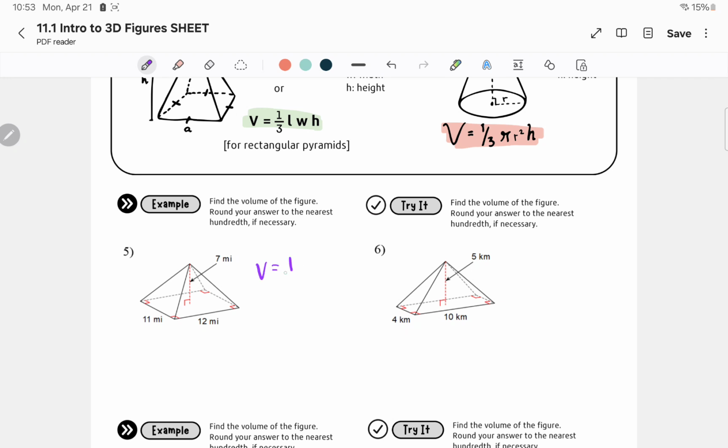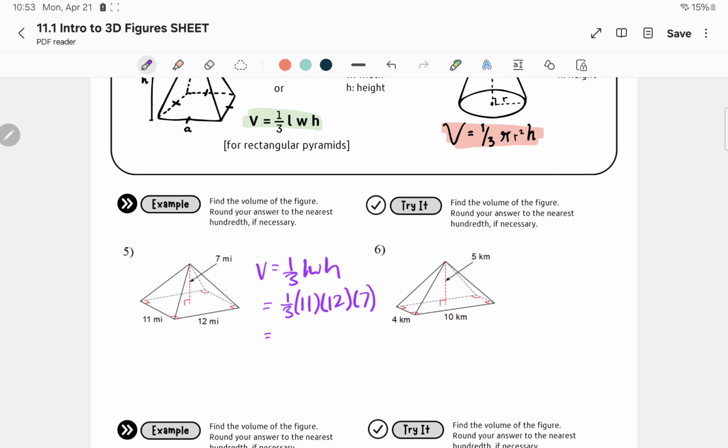So we're going to do 1/3, that's the formula here, a third LWH, or length times width times height. We're going to plug in the L is 11, let's put parentheses, the width is 12, and the height is 7.